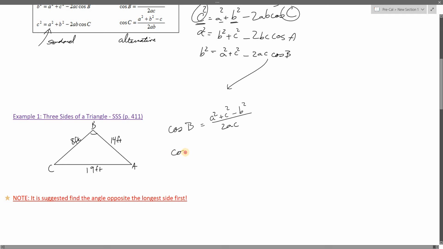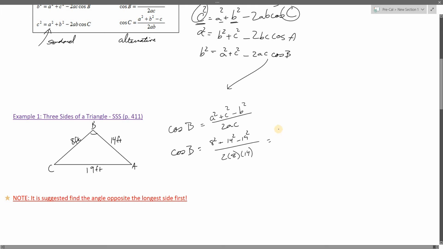For cosine B, you'll find that cosine B is equal to a squared. A is 8, so 8 squared, plus c squared, which is 14 squared, minus b squared, which is 19 squared, all over 2 times 8 times 14. Okay, so you need to be able to identify what's a, b, and all that.